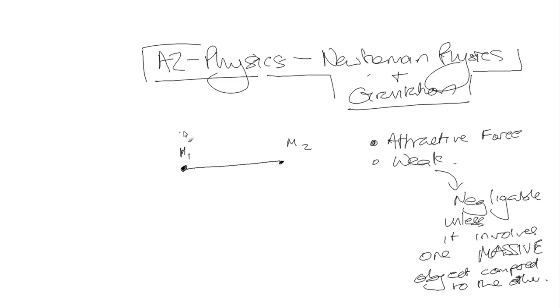So in this case, M1 or M2, one of them has to be more massive than the other, very, very massive. So let's assume that M1 is very much more massive than M2. Okay, that's our assumption.